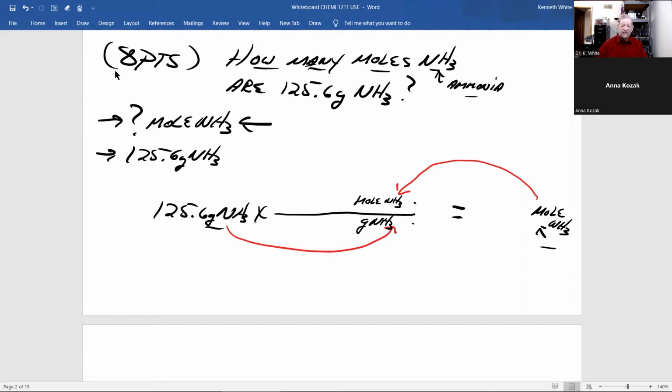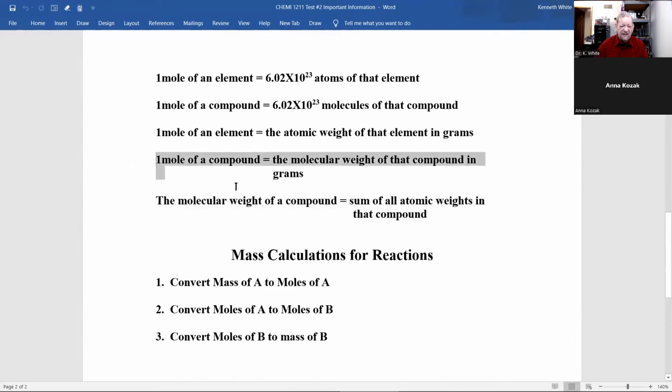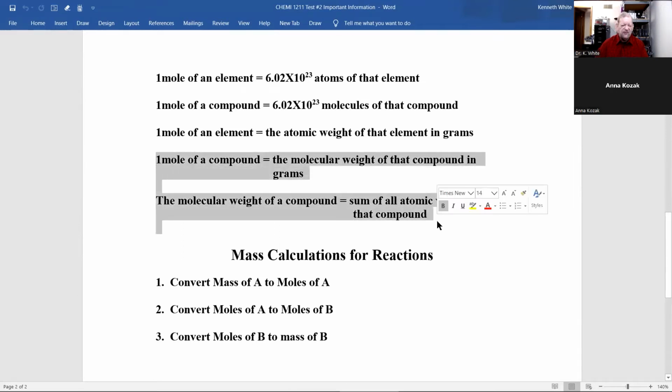And now the question is, where do I find a relationship between moles of a compound, ammonia, and grams of a compound, ammonia? And if you look at important information, test number 1, this will be given to you in the last 2 pages. 1 mole of a compound equals the molecular weight of that compound, and the molecular weight of that compound is the sum of all atomic weights.